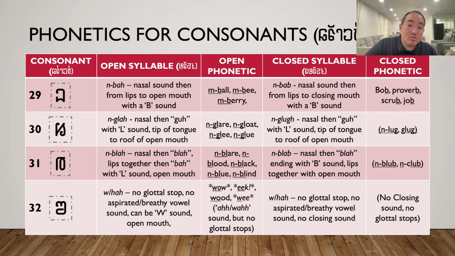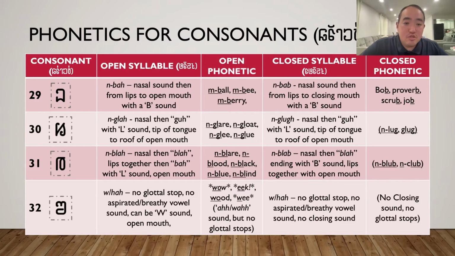It's the same as number 29, but with the nasal sound and the ba sound and the la sound all together. And it comes from the same area where it's produced on the open syllable as well. So it'll be like the word blub or club, right? So those are like the closest sounding words to help you pronounce blah and blub.